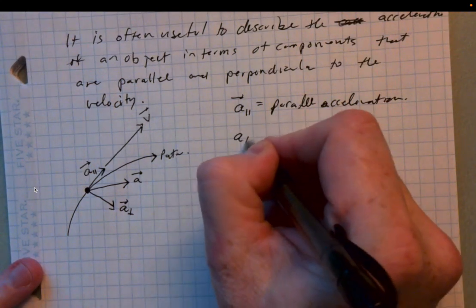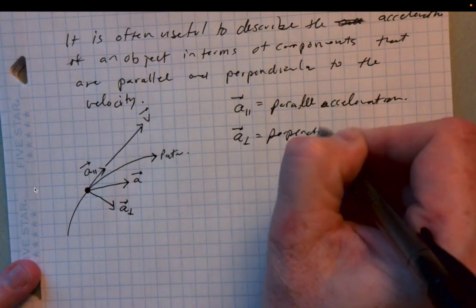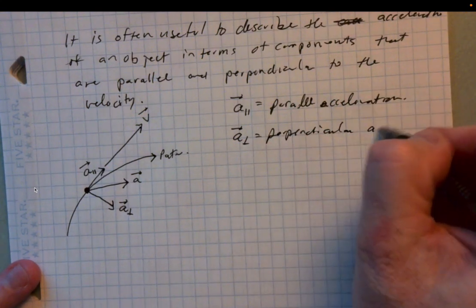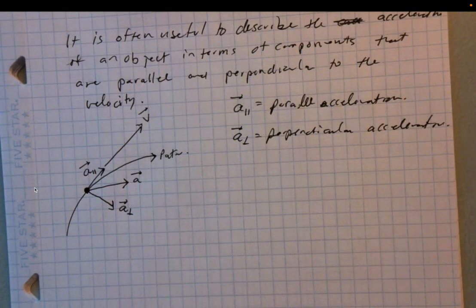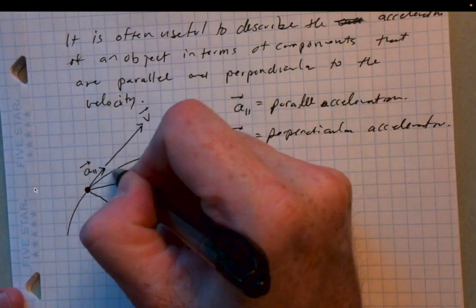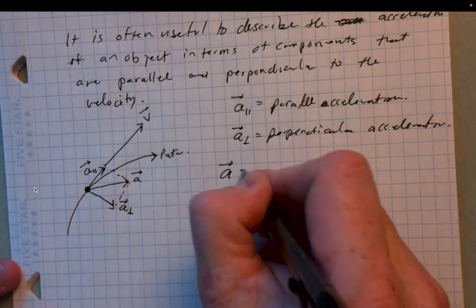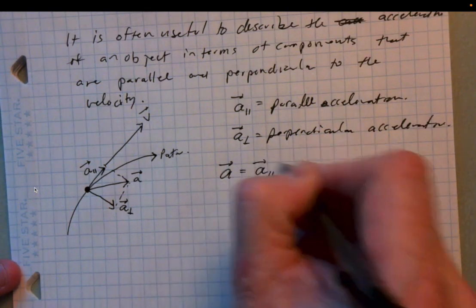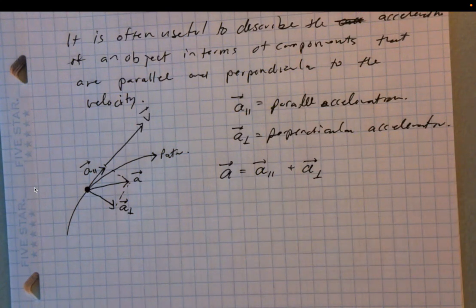So this would be A perpendicular. This is the perpendicular acceleration. Notice the sum of these two is the acceleration. So the acceleration is equal to A parallel plus A perpendicular.